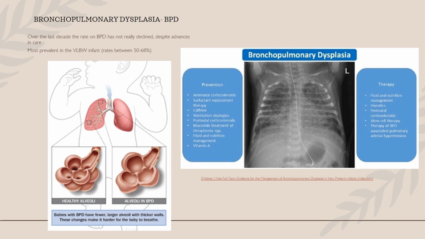When we talk about lung injury, we can talk about it in two different ways.